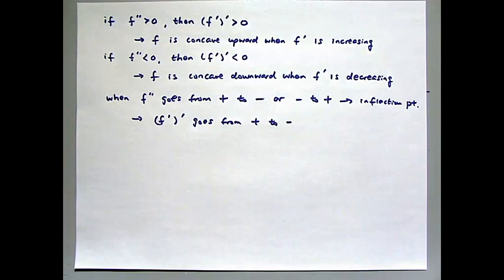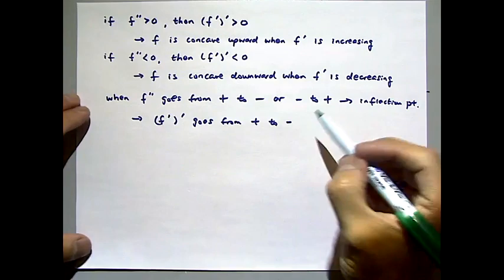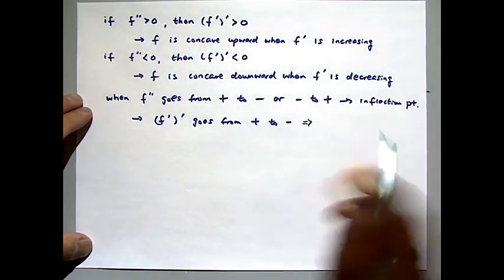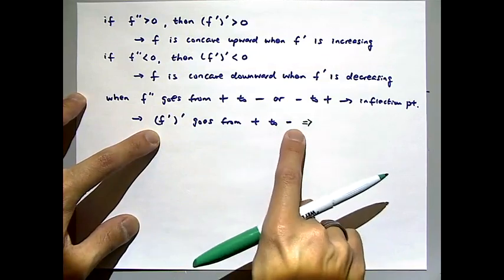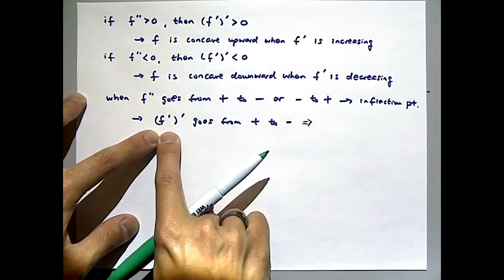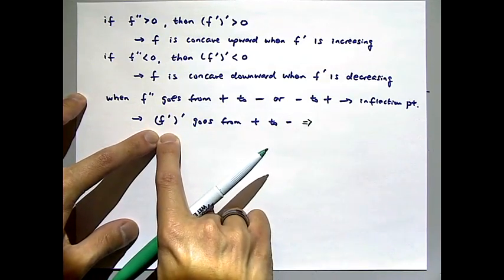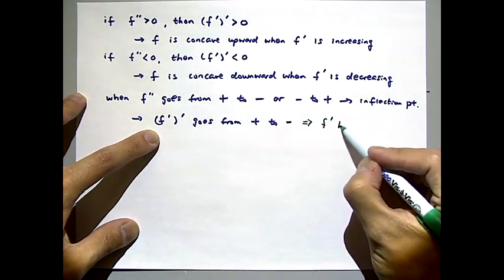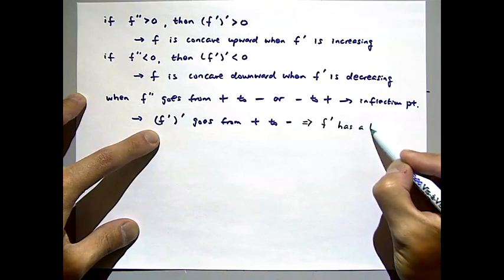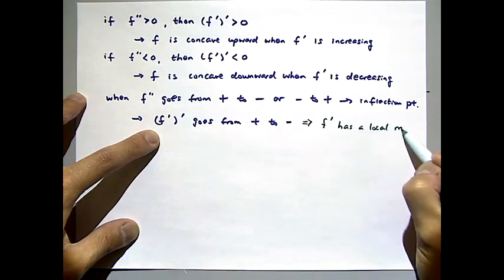So let's consider what happens when f double prime, f prime prime goes from plus to minus. Two things happen. First, remember, when the derivative of something goes from plus to minus, that means that something has reached a maximum. This means that f prime has a local maximum.